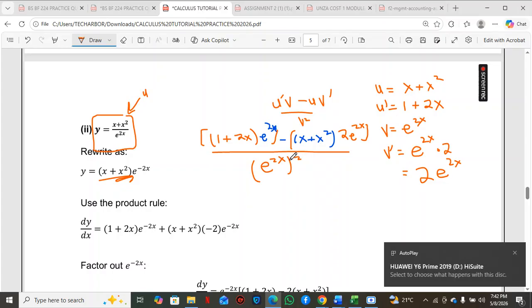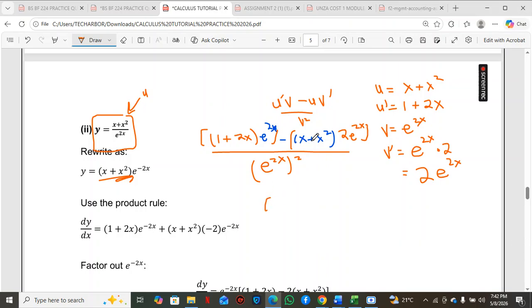You just distribute this power 2. But if you want to simplify it further, distribute this e to the power 2x across this parenthesis. Even this 2e to the power 2x, you distribute and then you see if you can factorize. But I don't want to confuse you more, so we'll just leave the answer like this.